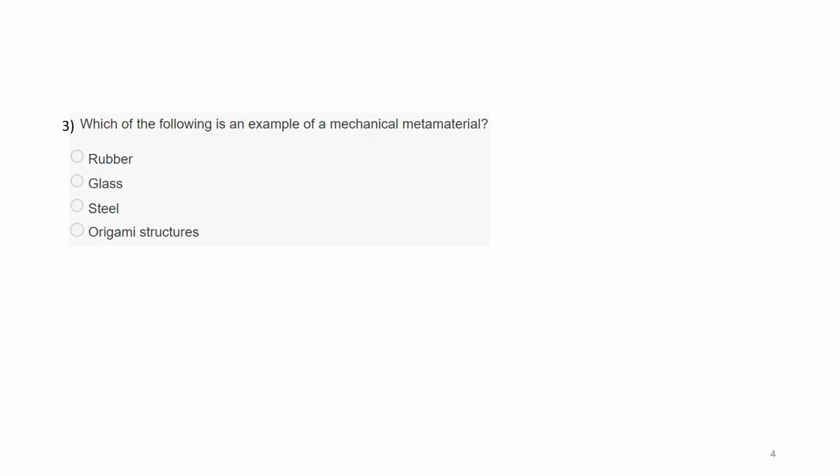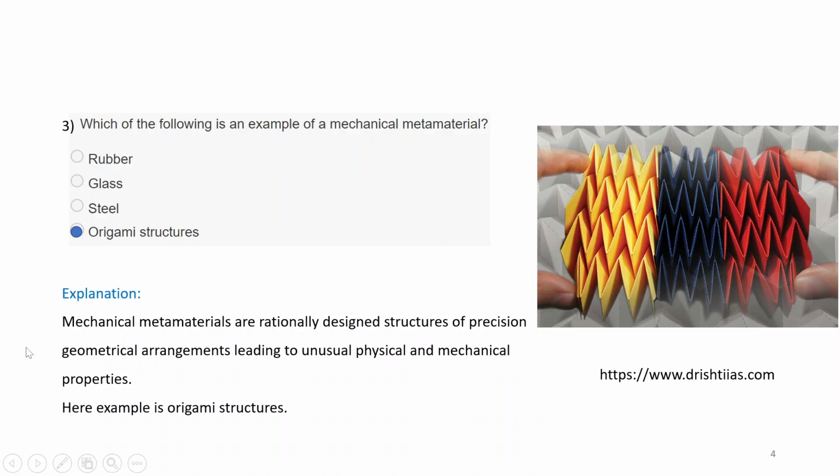Metamaterials relate to origami structures. Mechanical metamaterials are rationally designed structures with precise geometrical arrangements leading to unusual physical and mechanical properties. Here, examples would be origami structures.